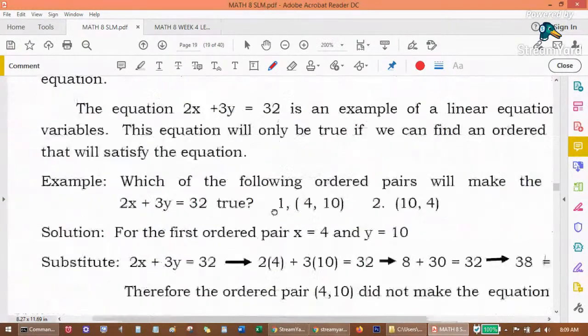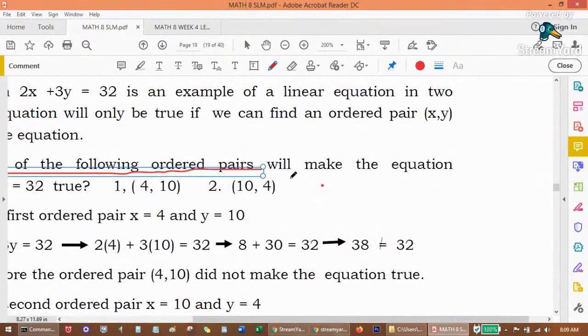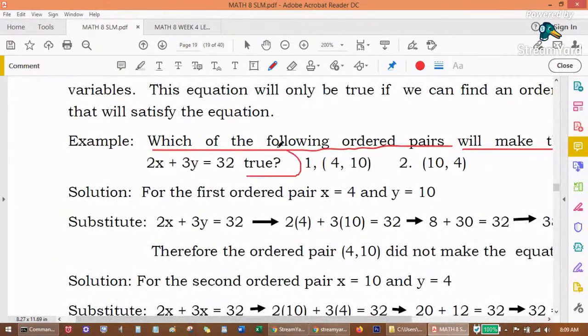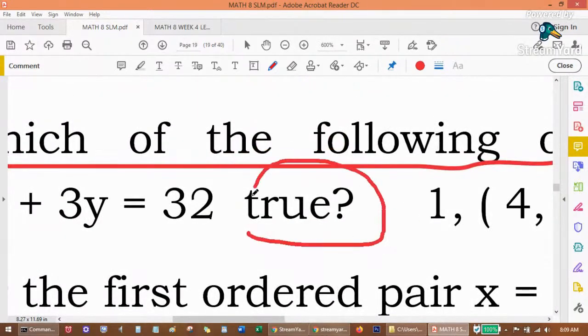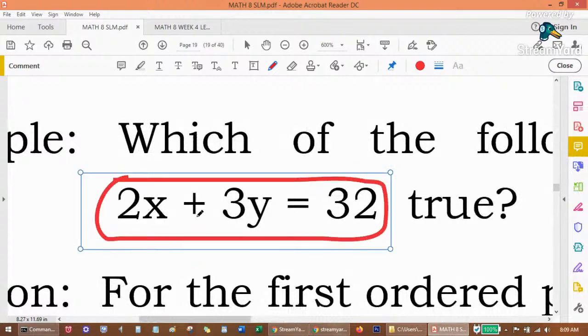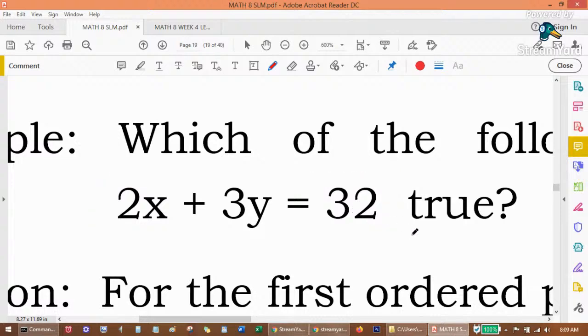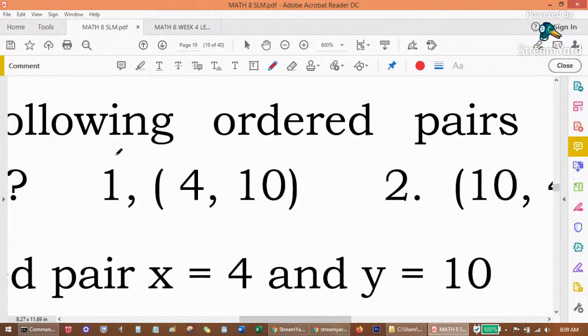So, meron tayong example dito. Sabi, which of the following ordered pairs will make the equation true? Okay, so we have here a linear equation, 2x plus 3y is equal to 32. And meron tayong dalawang ordered pair.